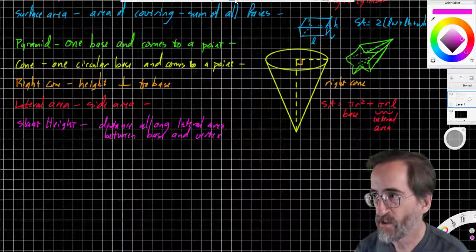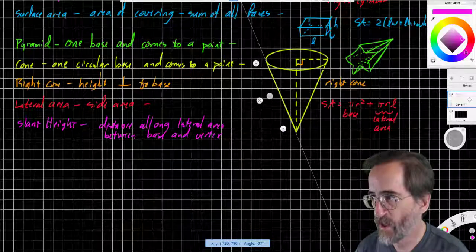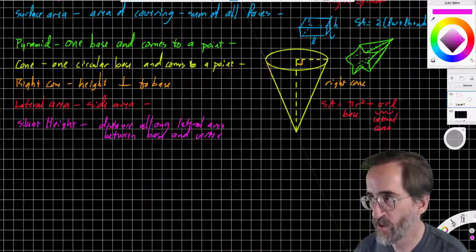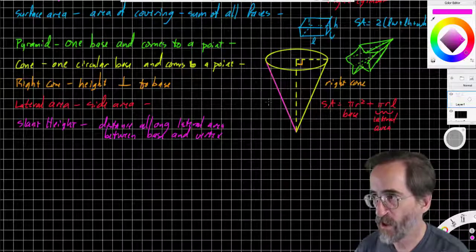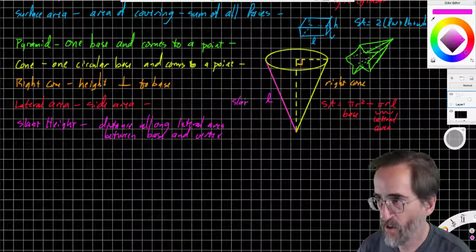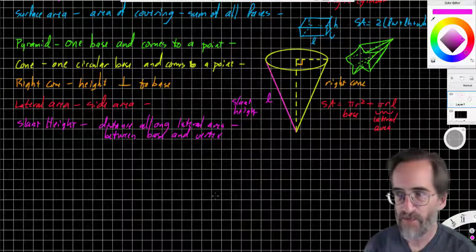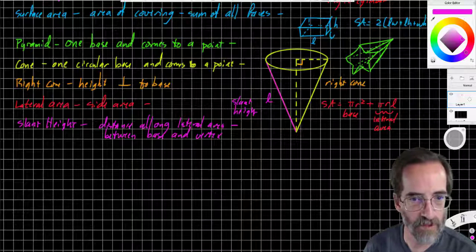In this case, the slant height of the cone is right here, usually indicated by a letter L, slant height. Okay, and it applies to a pyramid as well.